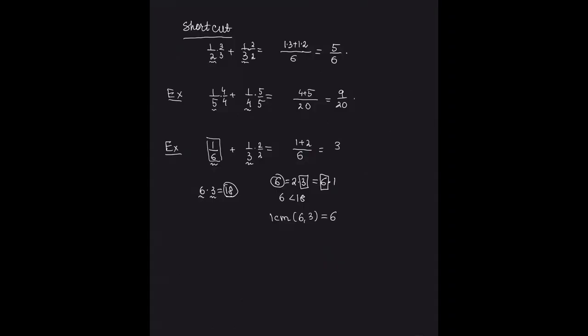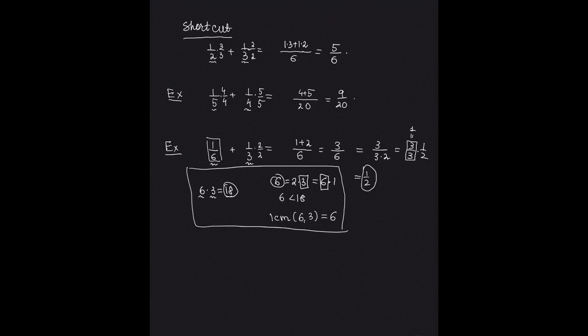So this is 3/6. Now 3/6 is 3/3 times 1/2. However, 3/3 is equal to 1. So in the end, the answer is just 1/2.